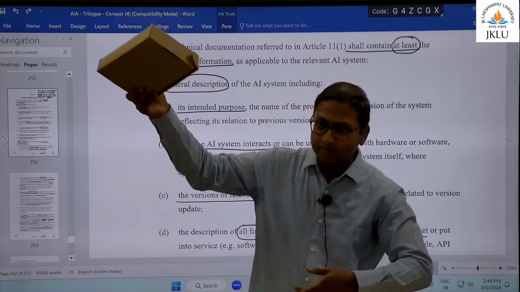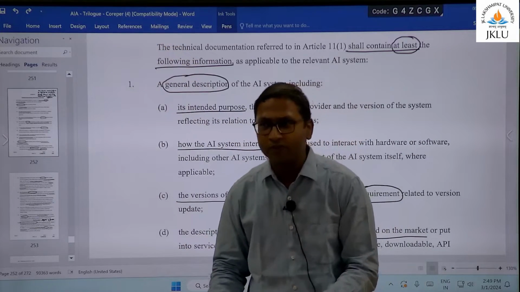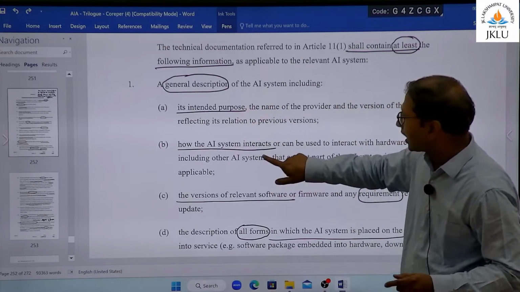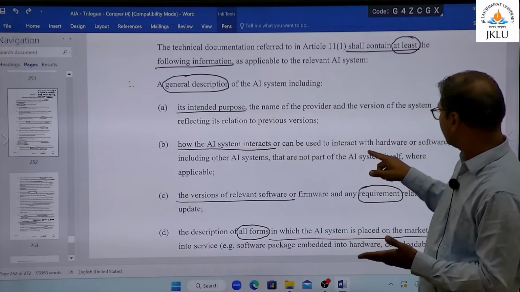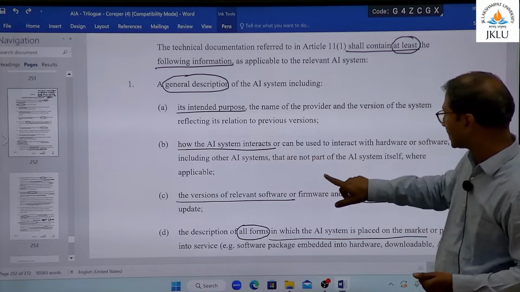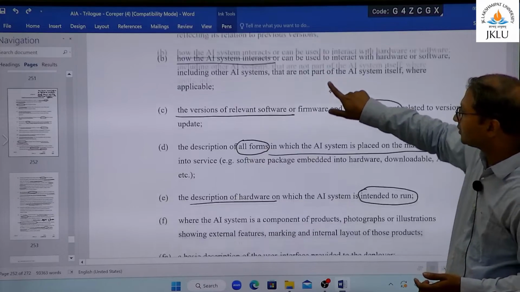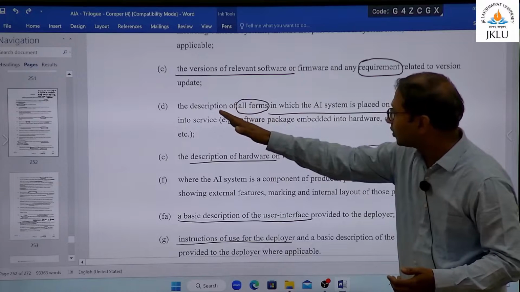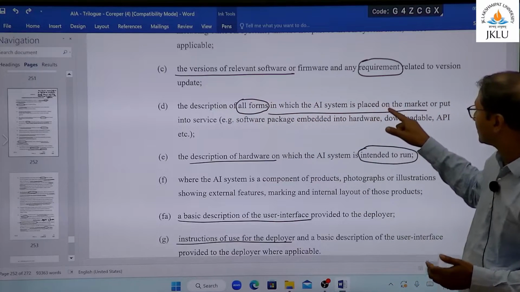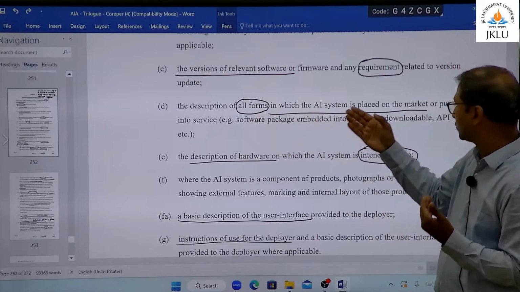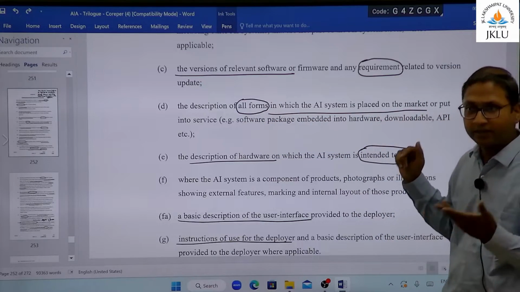Think of AI is coming in this, and you are supposed to tell me what is the intended use, intended purpose, how the AI system interacts with hardware or software, including other AI systems that are not part of this AI system itself, the version of the relevant software, the description of all forms in which the AI system is placed on the market. A software package embedded into a hardware, downloadable, API, everything.